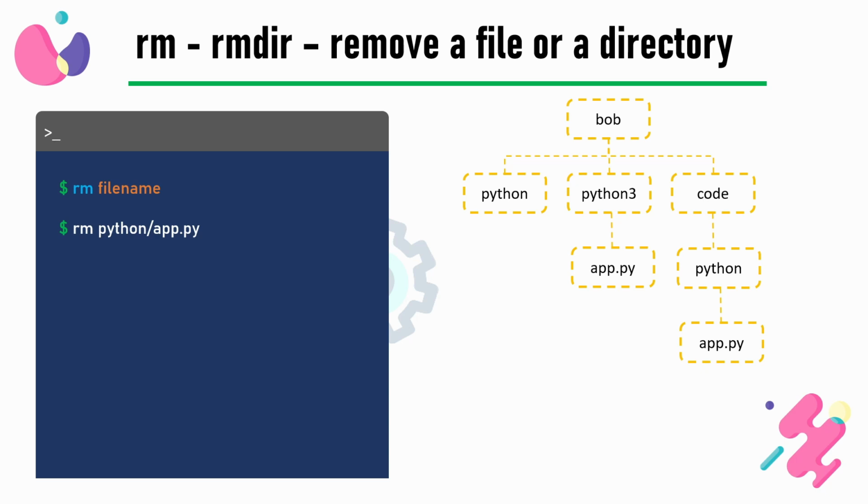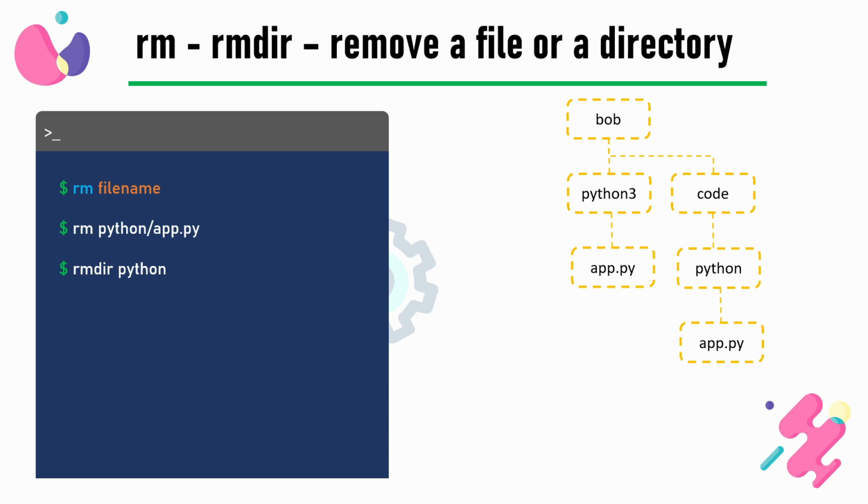And for removing a directory, we have the rmdir command, but this directory should be empty. For example, to remove the Python directory, we can do that by running rmdir followed by the directory name, which is Python in our case.